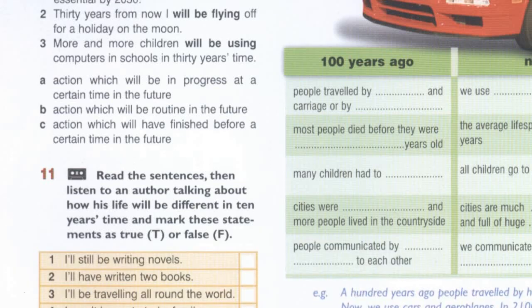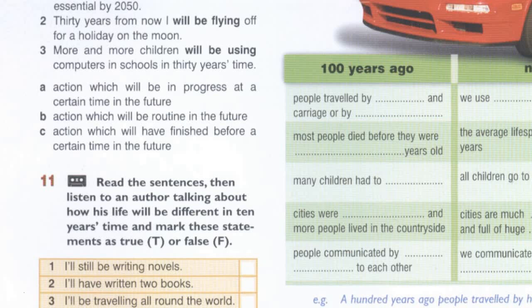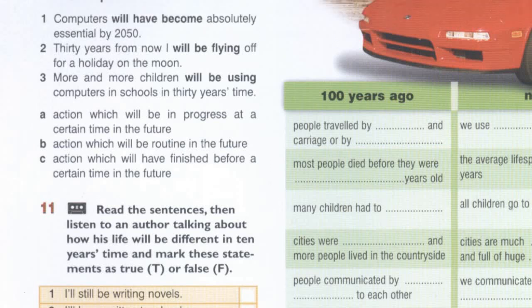Now you're supposed to match items from 1 to 3 to descriptions from A to C. Take about 20 seconds and then match them together. Your time is starting right now. In A, action which will be in progress.